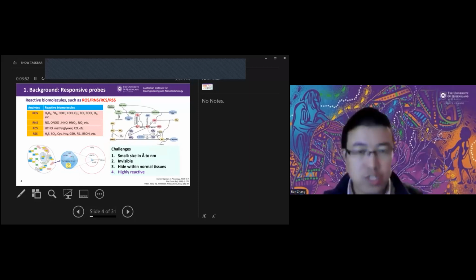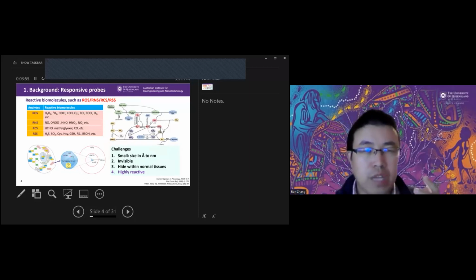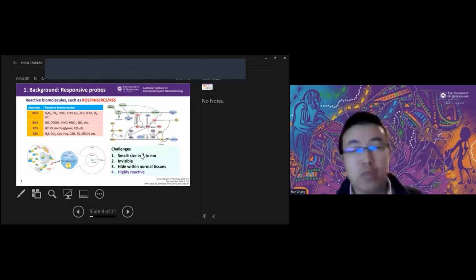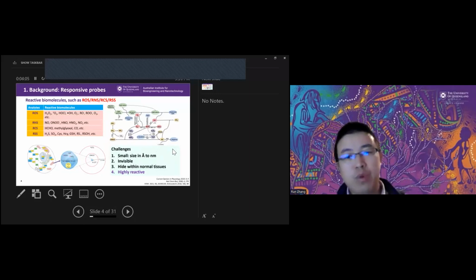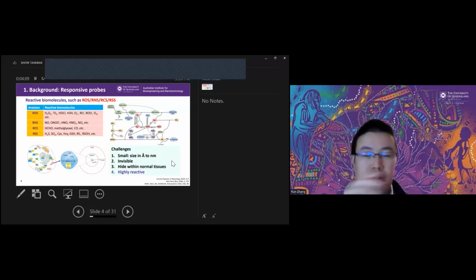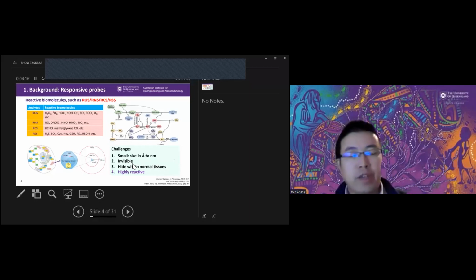Why are we interested in this kind of biomolecules? Just because it's very hard to detect this kind of biomarker. They have very small sizes, at the nanometer scale, and they are invisible, hidden within normal tissues. Most importantly, these are highly reactive. That means once this kind of biomolecule is produced or activated, it can react with other biomolecules nearby and cause damage to other tissues.